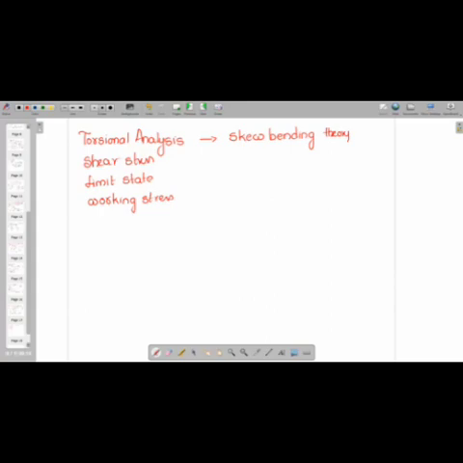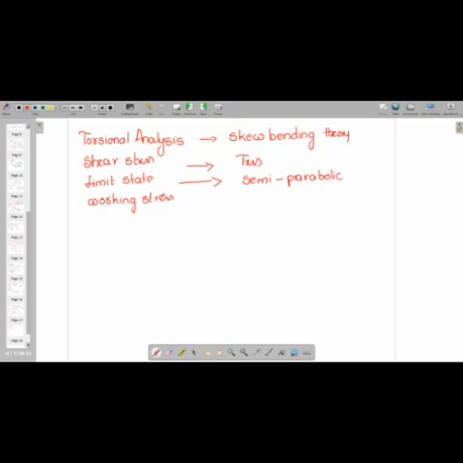When I talk about shear stress analysis, it is due to truss analogy. When I talk about the limit state, it is semi-parabolic, or rectangular parabolic, because in the options they have given semi-parabolic.